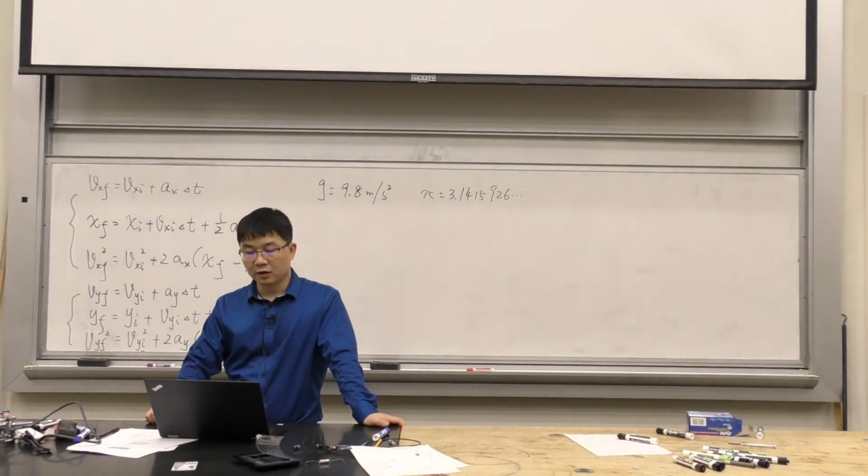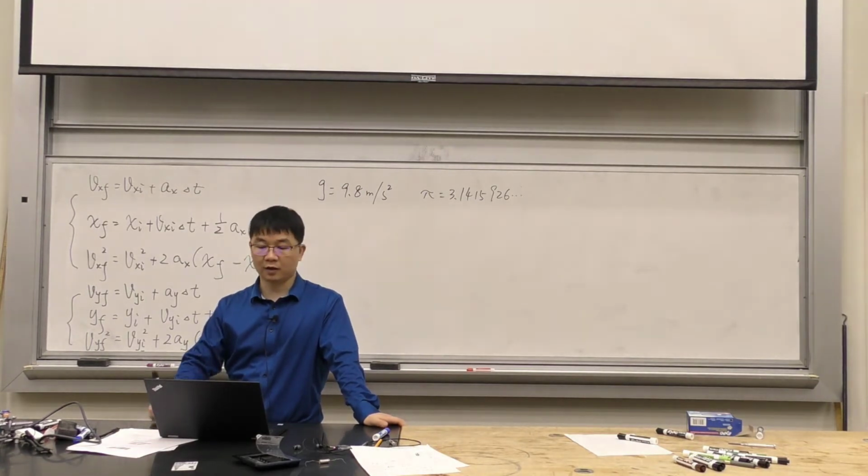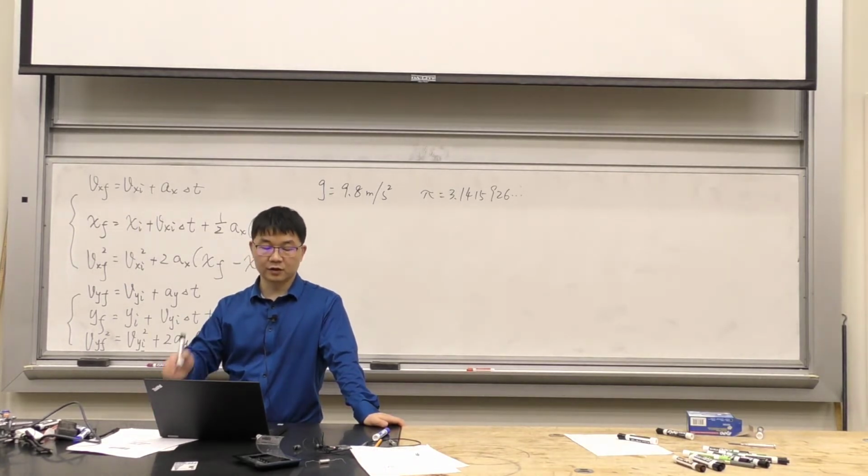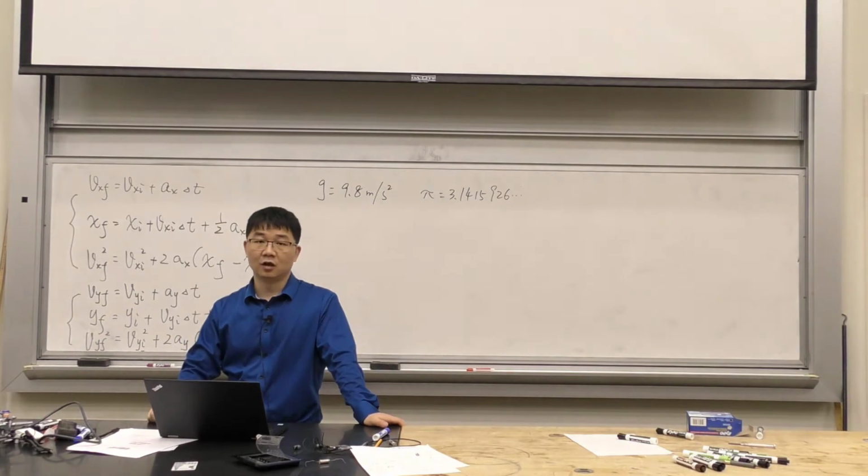Sometimes we pick the starting point of the motion. Sometimes we pick the ground. But once you have chosen a zero reference point, you want to find the height of the ending point relative to that zero reference point, okay? So you make sure you get the directions right, you get the signs right.